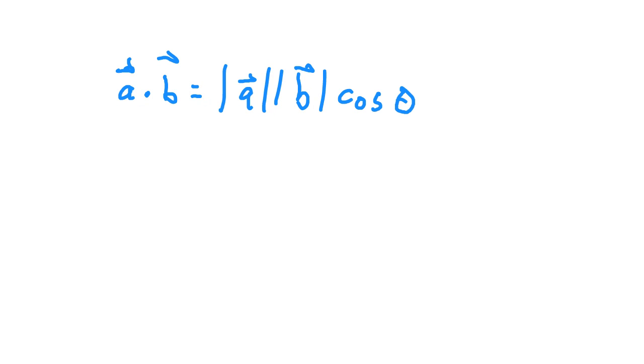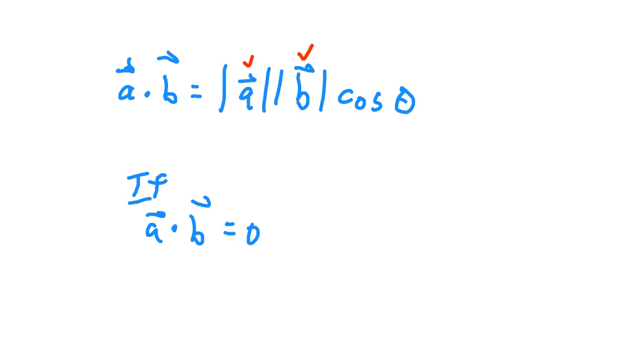Now, in order for A dot B to equal 0, well, that means either the length of A is 0 or the length of the vector B is 0. But that's not very interesting, right? I mean, when's that going to happen?